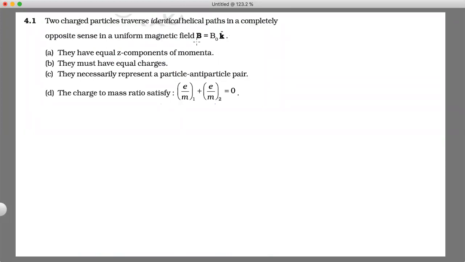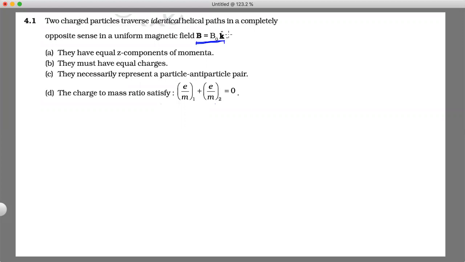So what does this mean? Can somebody tell me what information it gives us about the magnetic field? This is a common way to express something.